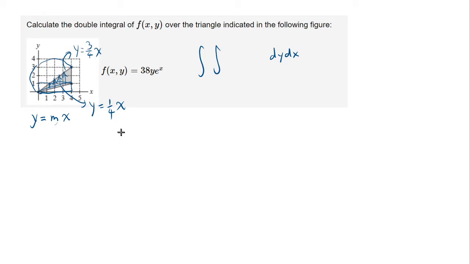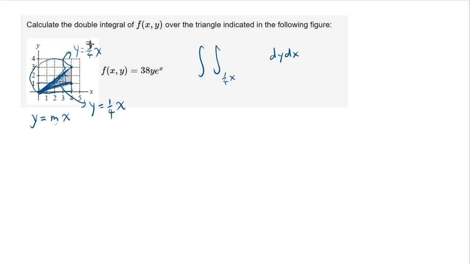Okay. Knowing that, now when you paint upwards, you start from this curve and you end at this curve, right? So you start at y equals 1/4 of x, but you don't have to put y equals because you already have dy. Having dy means automatically you interpret it like y equals 1/4 of x, which is this line. So you start from this line, and you end up at the other line.